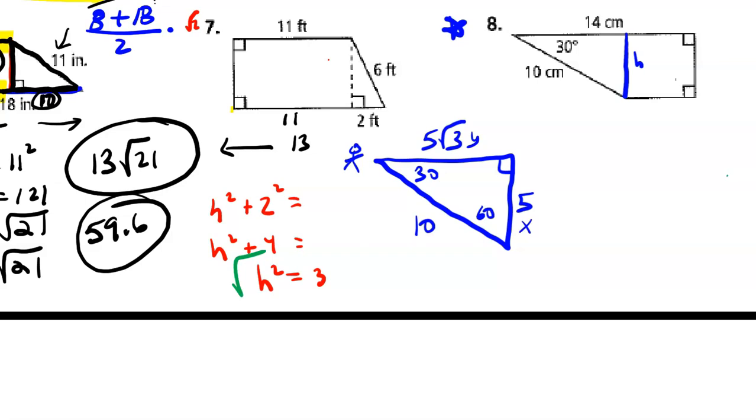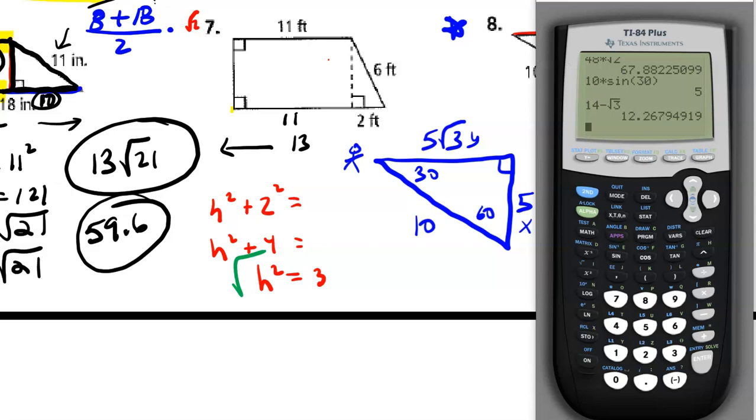So let me kind of put in what we now have. So I'm going to get rid of this h, and I'm going to put in here, we know that the height is 5, and we know that this piece right here is 5 radical 3. And let's just go ahead and get a decimal for 5 radical 3. It's about 8.7.